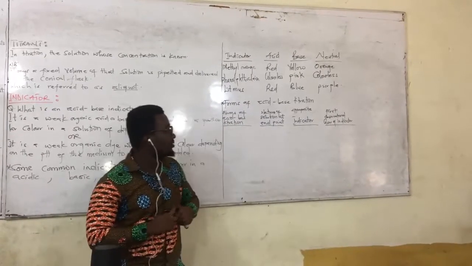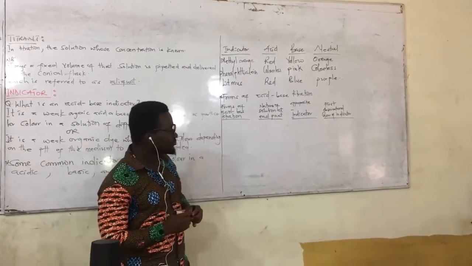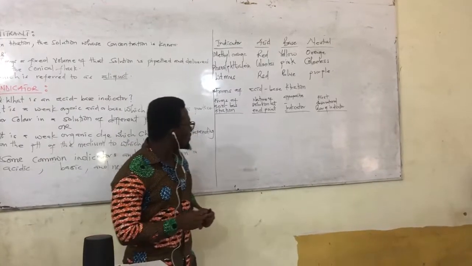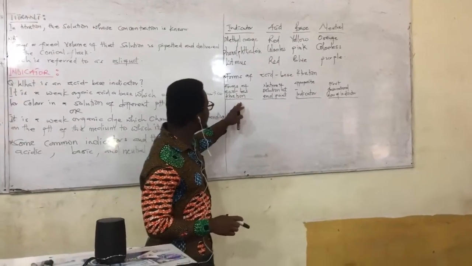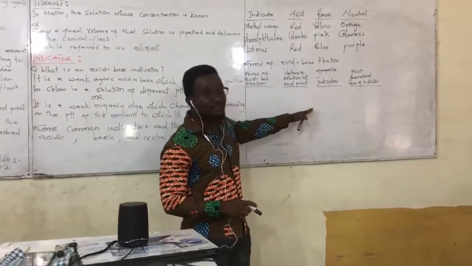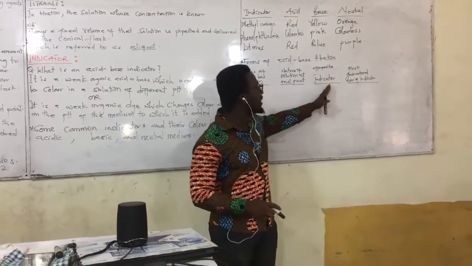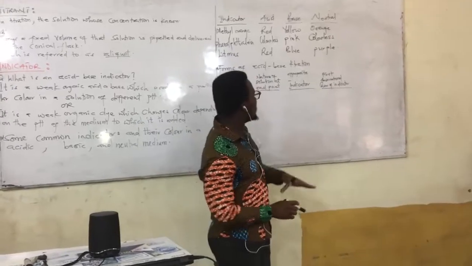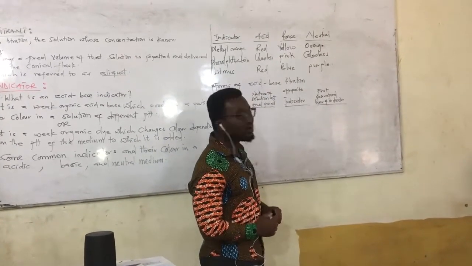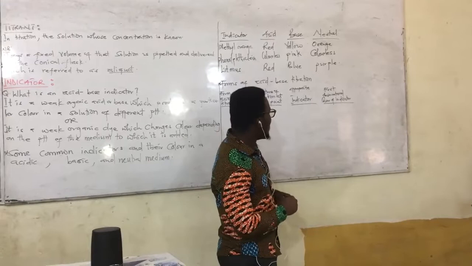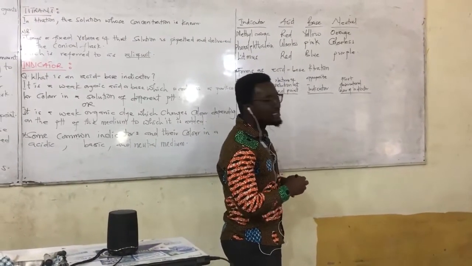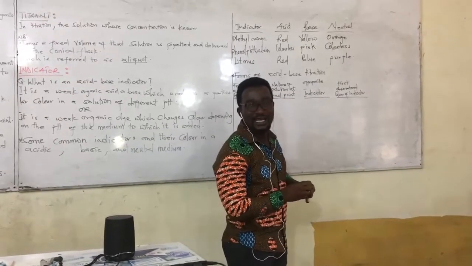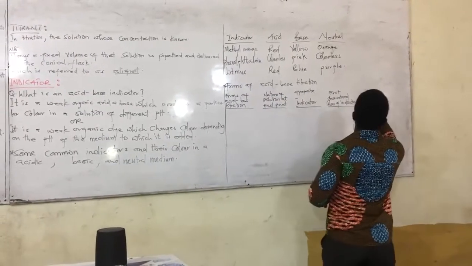Our first observational color of indicator. So we have forms of acid-base titration, nature of the solution at endpoint, appropriate indicator, and then first observational color of indicator. And the last thing we will look at is the color produced at endpoint.